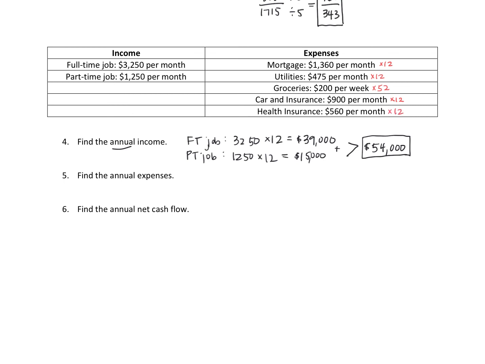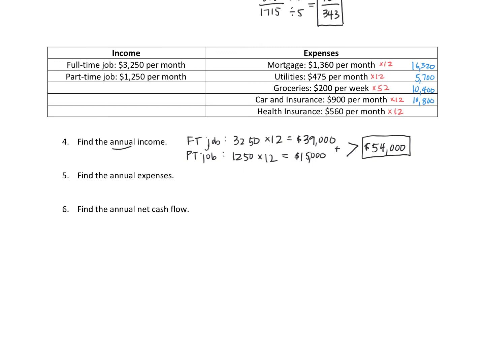So 1360 times 12 is 16,320. 475 times 12 is 5,700. 200 times 52 is 10,400. 900 times 12 is 10,800.